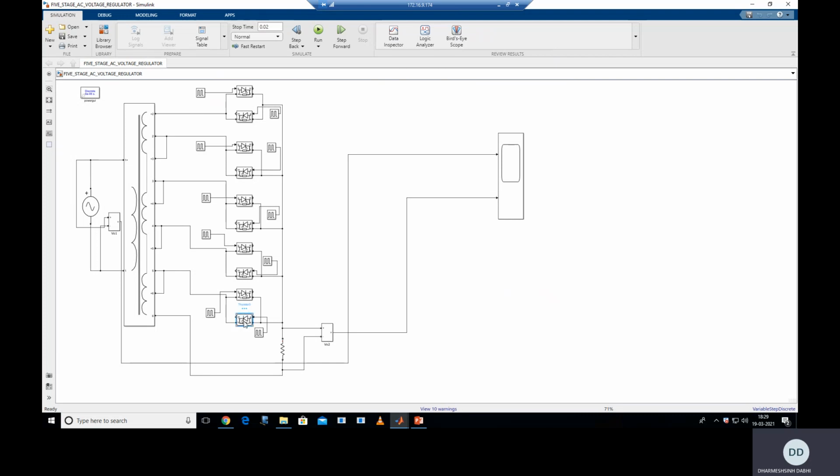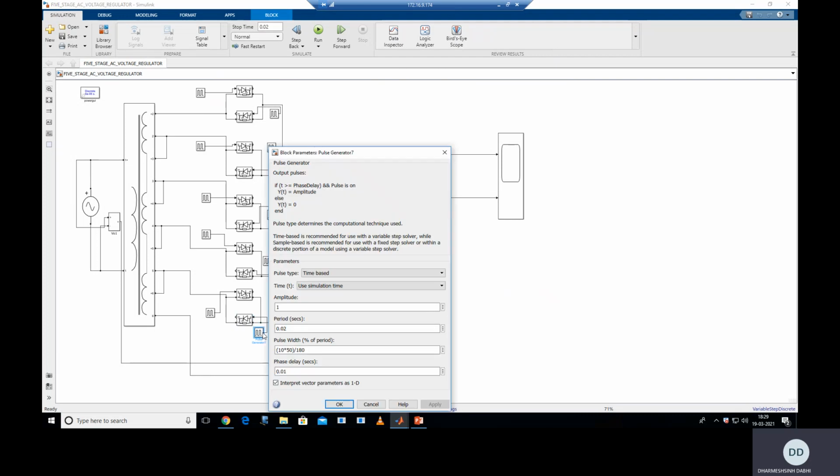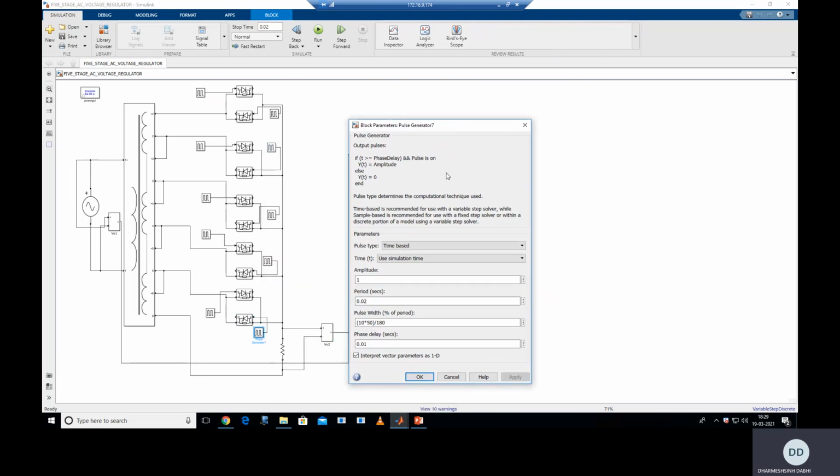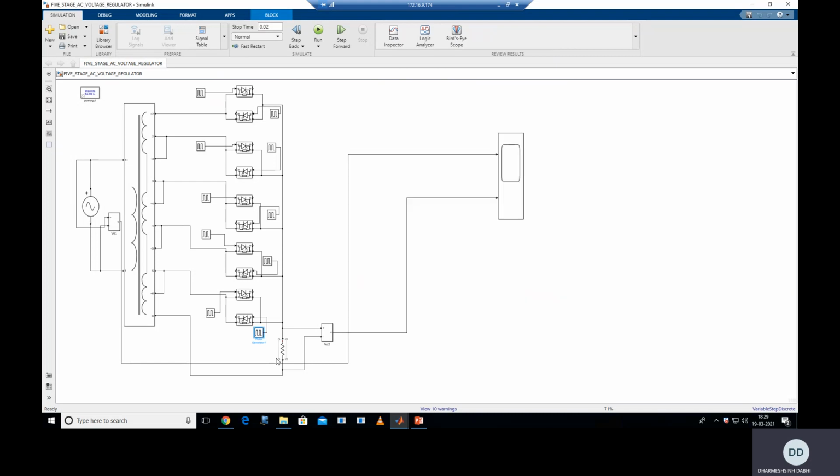So for the first stage negative group thyristor, the gate pulse is applied at 0 degree after 180, which means with a phase delay of 10 millisecond. So this is the gate pulse for the first stage negative group thyristor. Next, 20 degree after pi, we turn on the second stage thyristor.